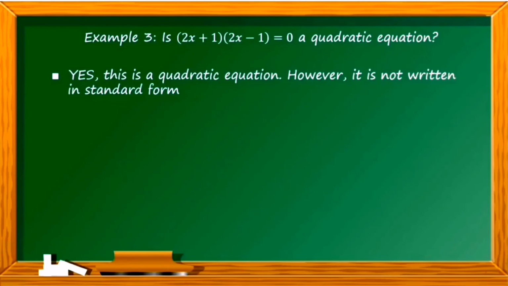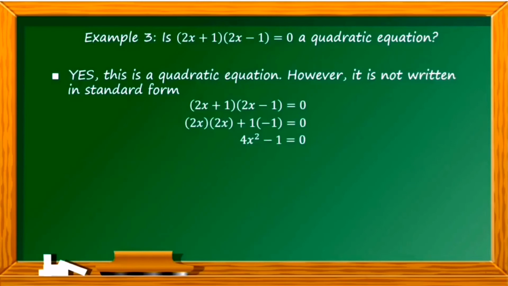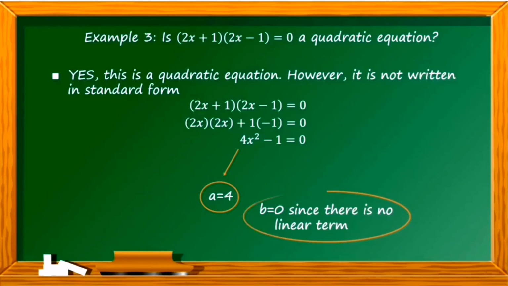So from the given equation, it will become 2x times 2x plus 1 times negative 1 equals 0. Finally, we have 4x squared minus 1 equals 0, where a is equal to 4, b is equal to 0 since there is no linear term, and c is equal to negative 1.